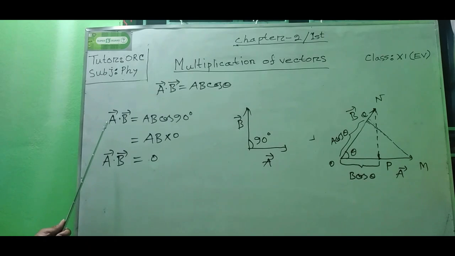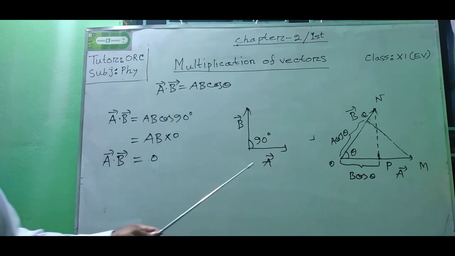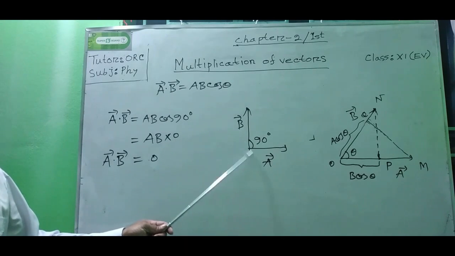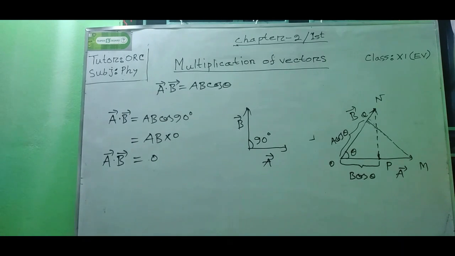If we multiply those two vectors with the help of the dot product and get the value of the dot product as 0, then we can easily say that those two vectors are perpendicular to each other. It is a very important piece of information.